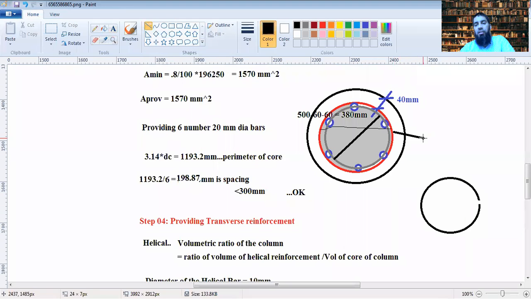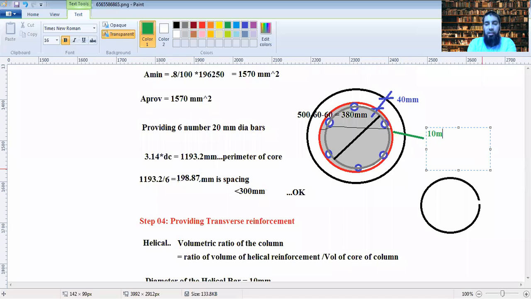You can mark these things here: 10 mm at the rate of 90 mm center to center, 10 mm helix.